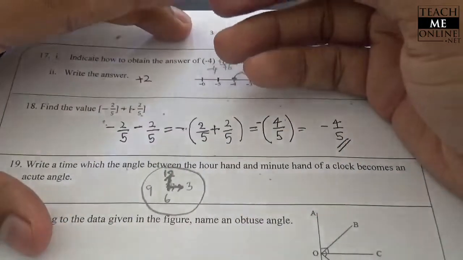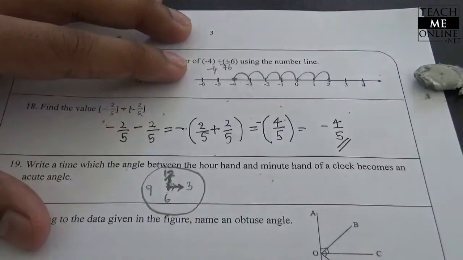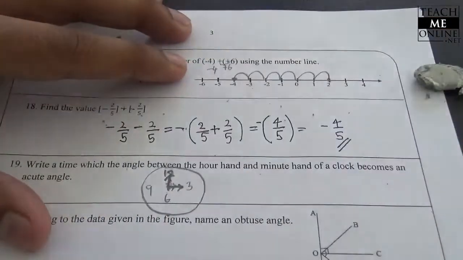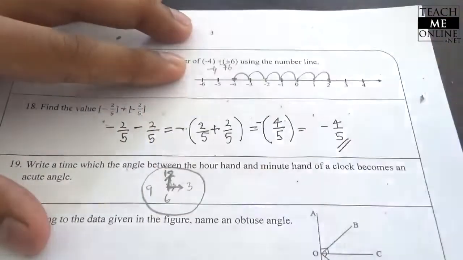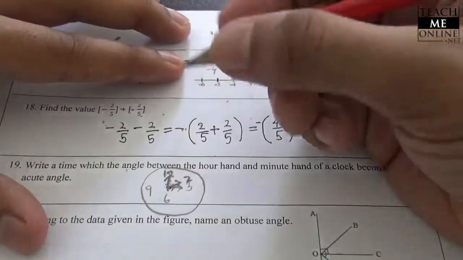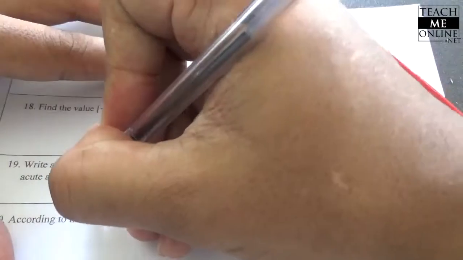For it to be acute, it should be less than that. So if I make it 2 p.m. instead of 3 p.m., it will be something like this, smaller. So we can write the answer as 2 p.m.